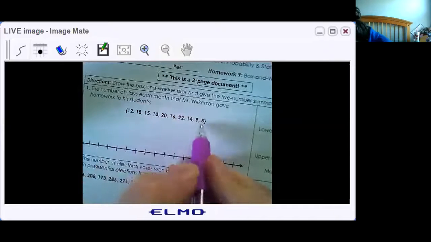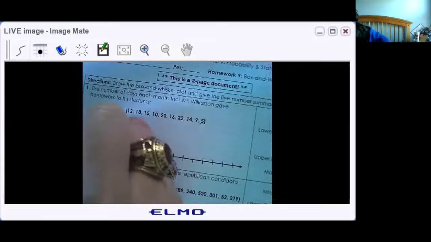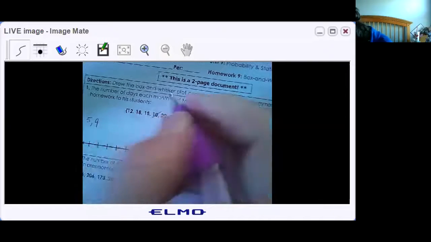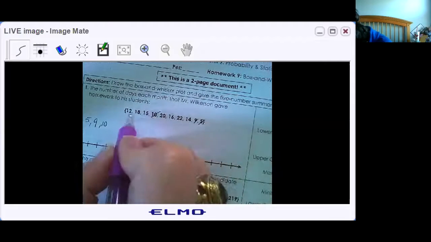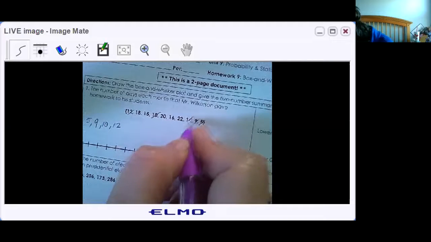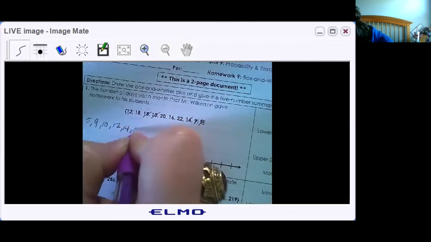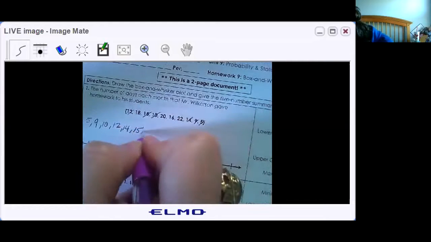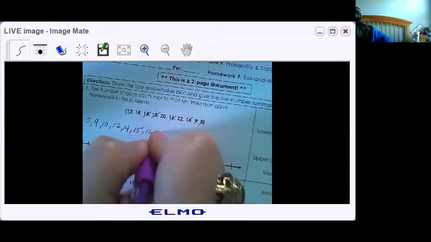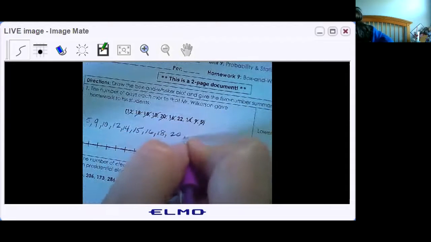As I go through here, my smallest number is 5. And then I have 9, 10, 12, 14, 15, 16, 18, 20, and 22.